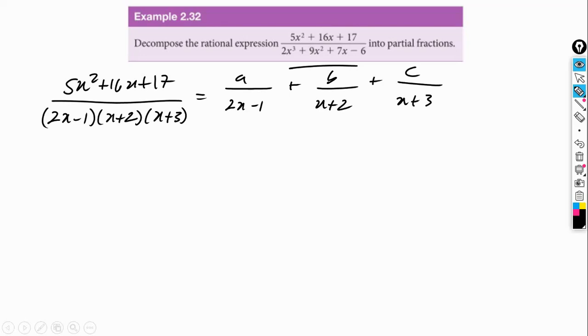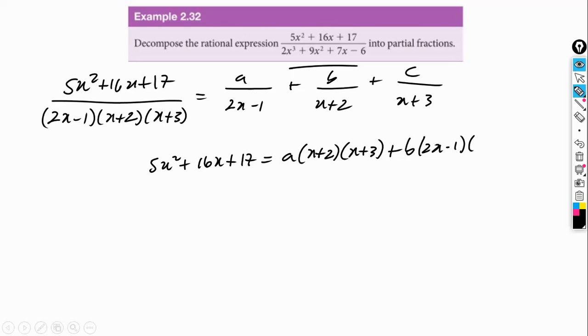So from here, we can get that 5x squared plus 16x plus 17 is equal to A times x plus 2 times x plus 3, plus B times 2x minus 1 times x plus 3, and then plus C times 2x minus 1 times x plus 2.